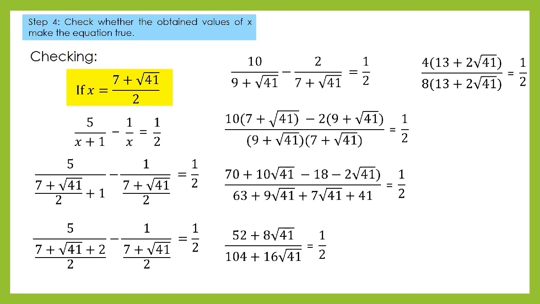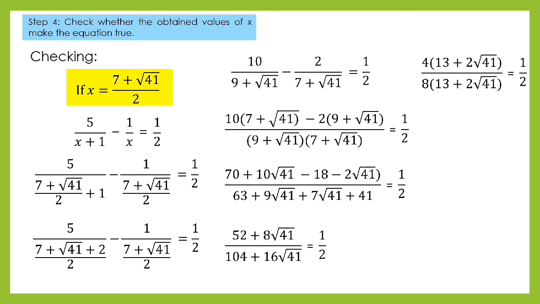In the denominator, the common factor of 104 and 16 square root of 41 is 8. And then, to get the other factors, 104 divided by 8 is 13. And then, 16 square root of 41 divided by 8 is 2 square root of 41, equals 1/2.